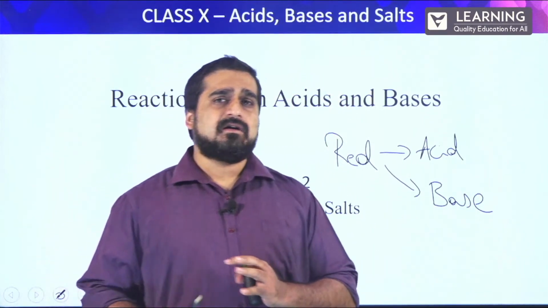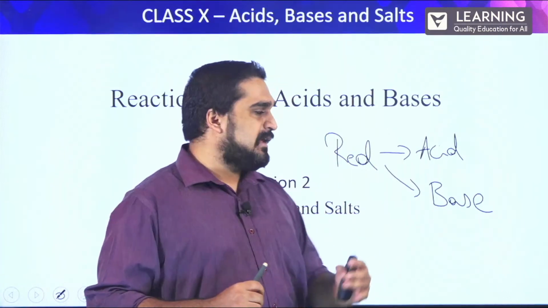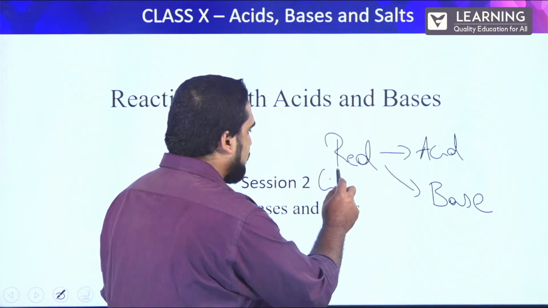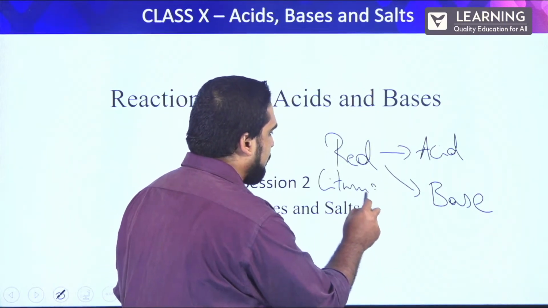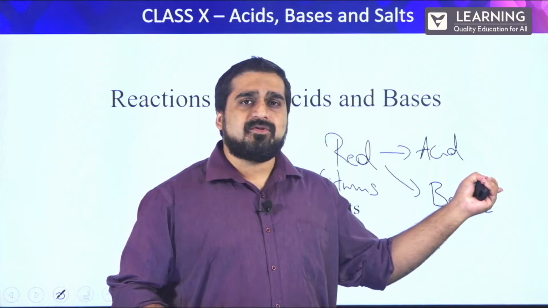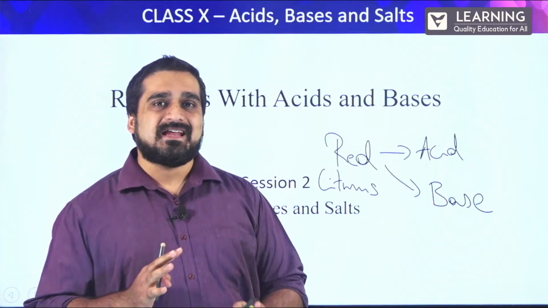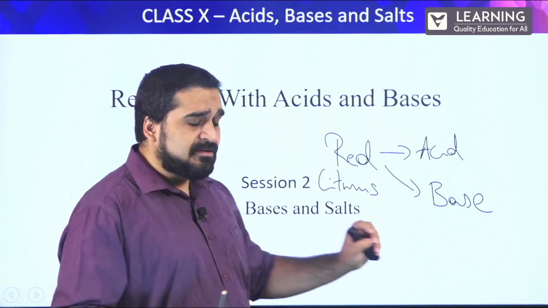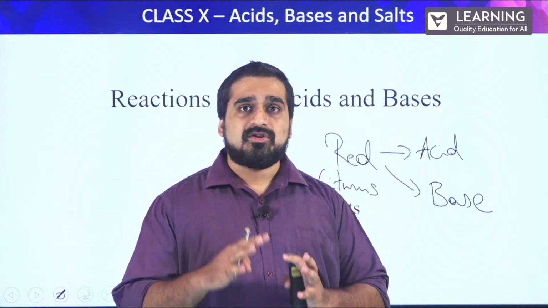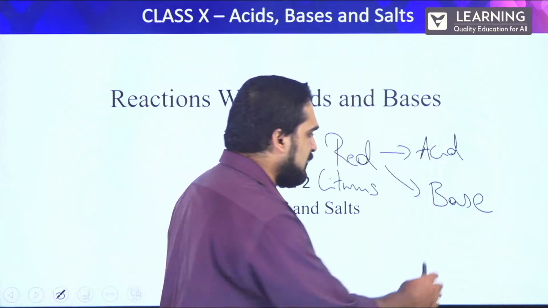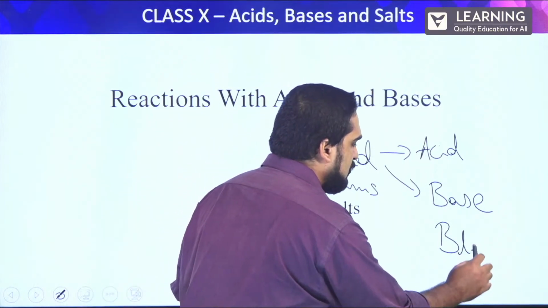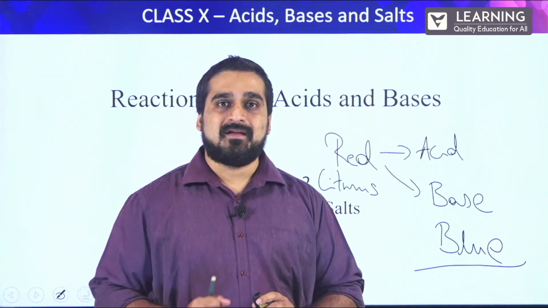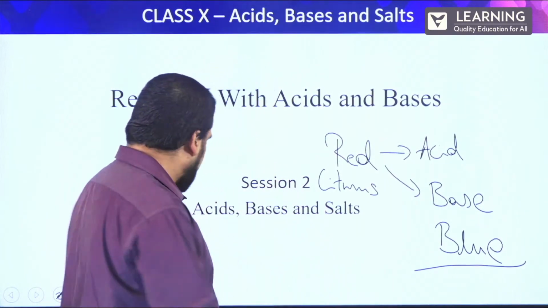What color change do you observe? A red litmus paper dipped into acid shows no color change, isn't it? A red litmus paper dipped into base changes color, that is, it turns blue.